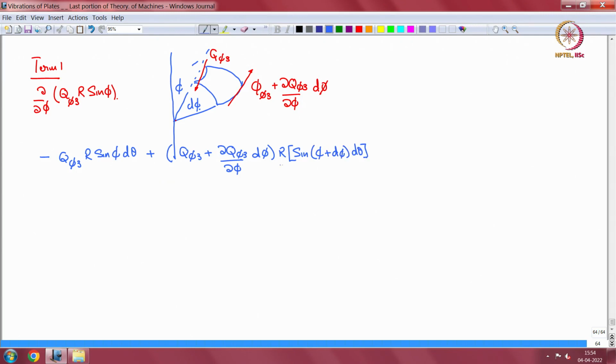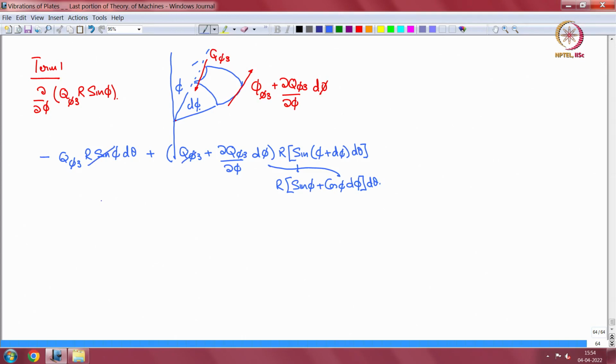If we open it out, r into sin phi cos d phi plus cos phi sin d phi into d theta. If we sum it up, as usual I'll ignore this product because it has three differentials. So this term cancels with that term.